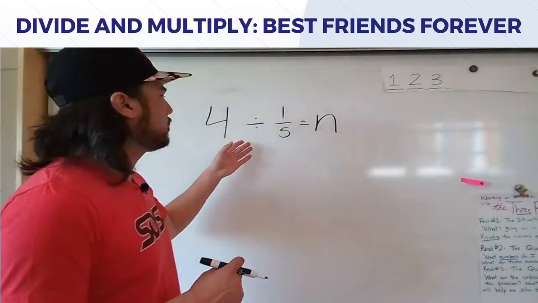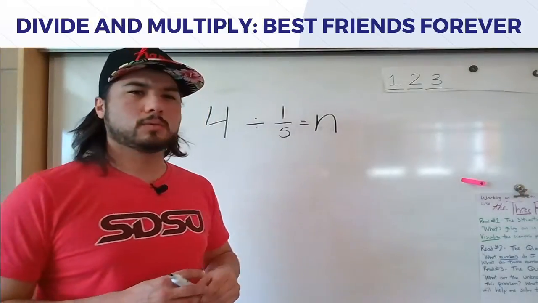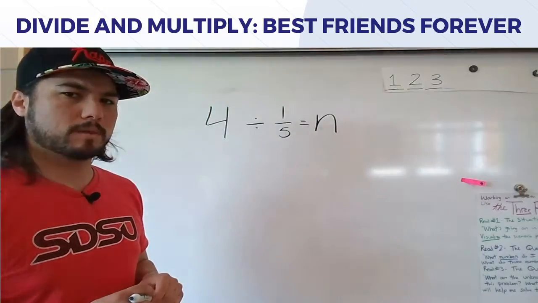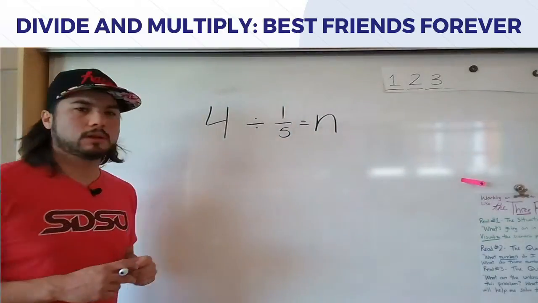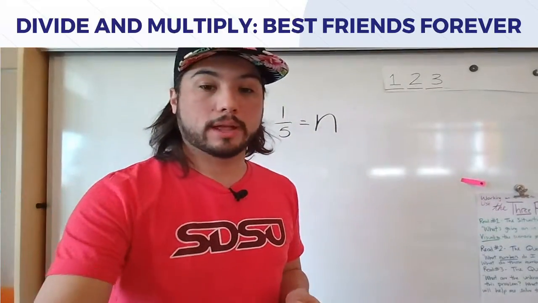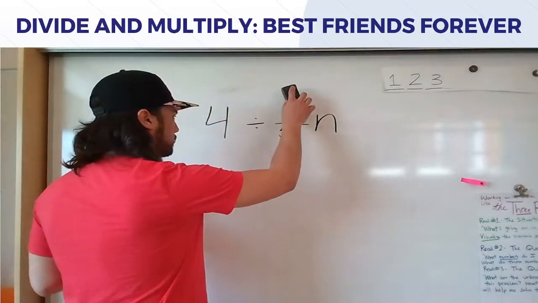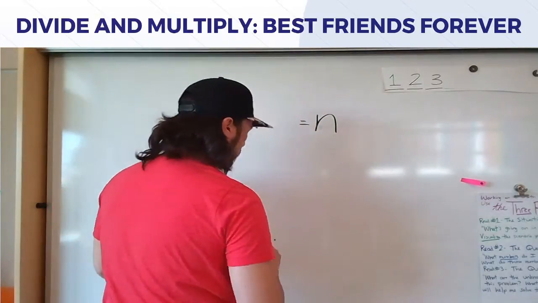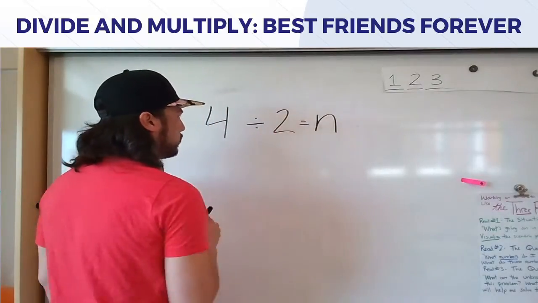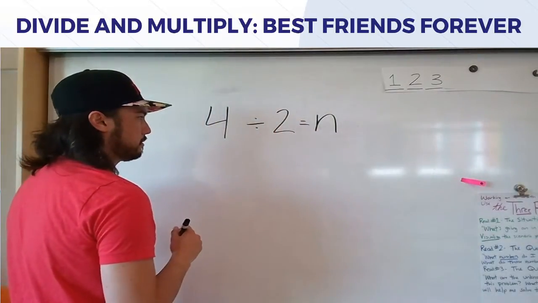So if we have 4 divided by 1/5 equals n, okay, what would the inverse operation of that look like? Okay, if it helps to substitute with a whole number, we can think about 4 divided by 2 equals n.